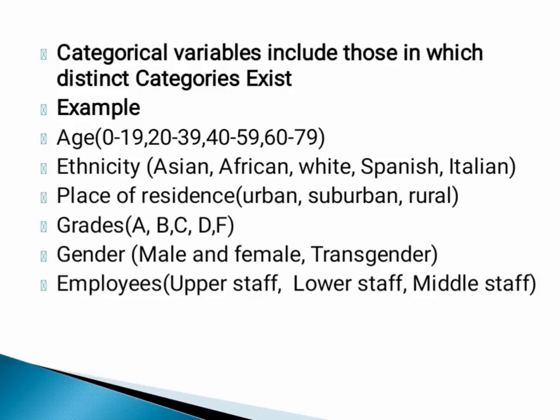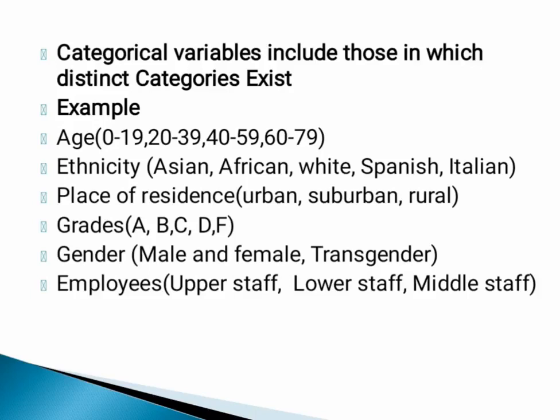Similarly, we can make categories among different ethnicities like Asian, African, white people, Spanish people, Italian people. For place of residence, we can easily categorize the variable in terms of urban, suburban, rural.